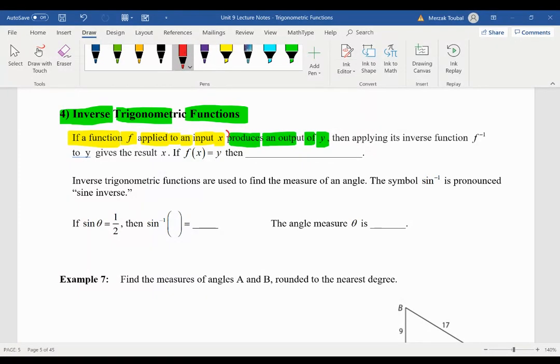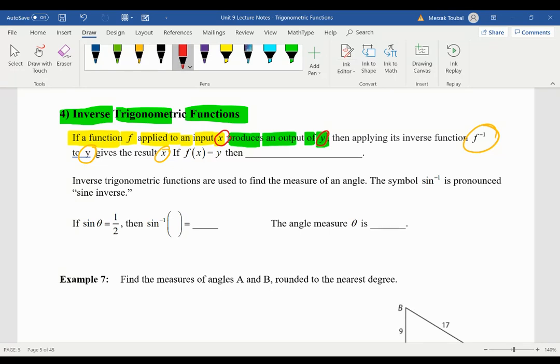Then what does the inverse function do? The inverse function, f to the power of -1, would take y as an input, and it produces back x as an output.